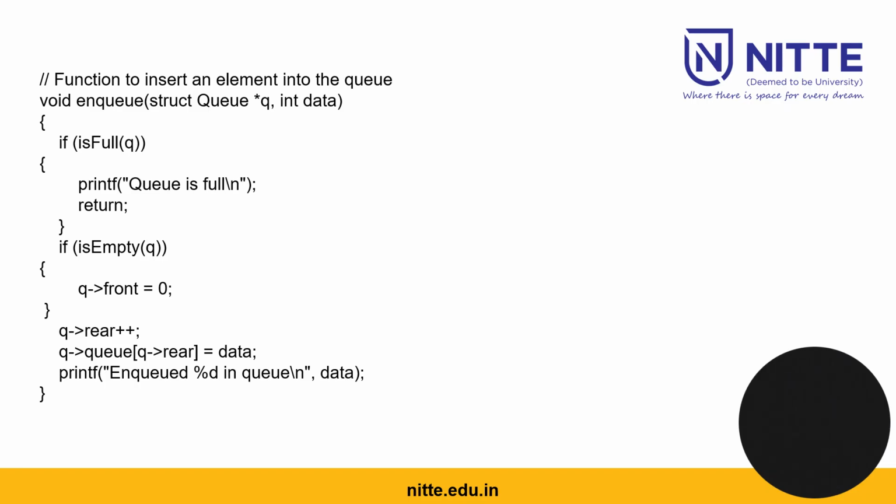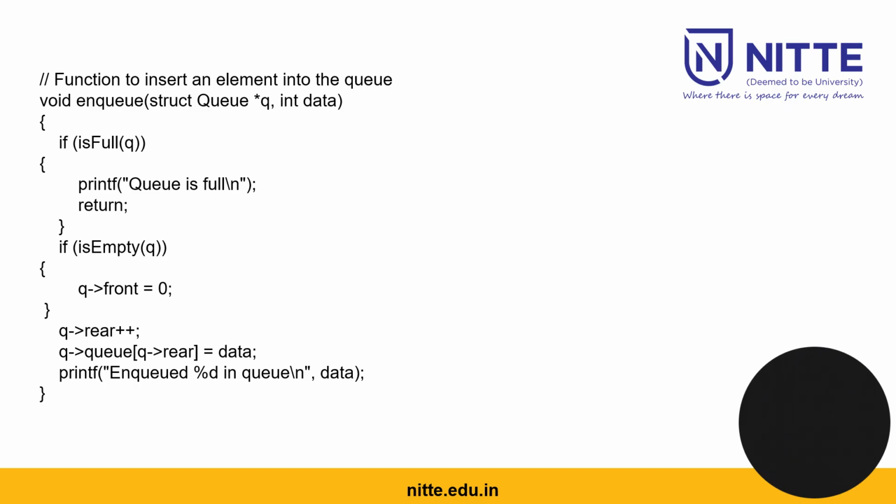Now we will go for inserting an element into the queue by using the enqueue function. So void enqueue, struct queue *q, int data. This data I want to insert into the queue. Before enqueuing, first I will check whether the queue is full. If the queue is full, it will print queue is full and return.